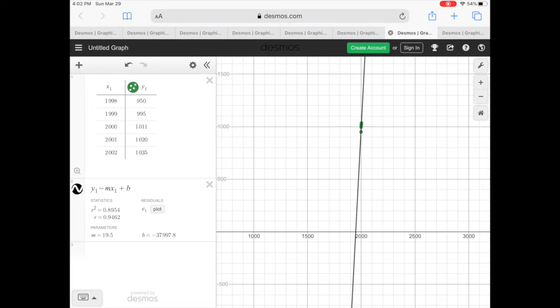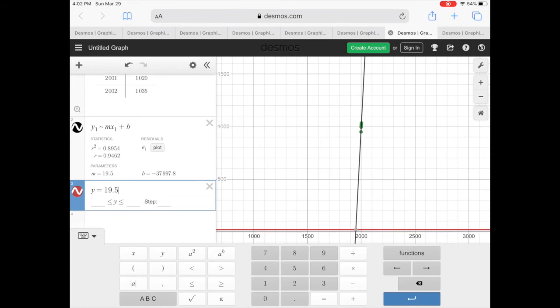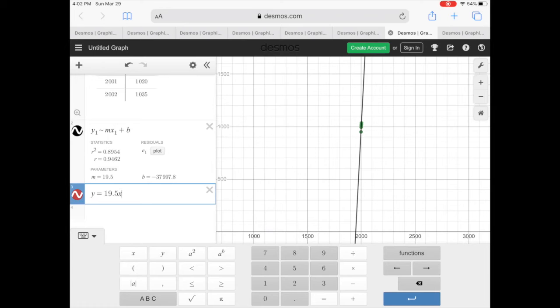There's the x-axis. So we're going to use the m and the b to write the equation. It will look like y equals 19.5x minus, because the b is negative, 37997.8. And you can see that our red line is directly on top of the black line that it gave us.